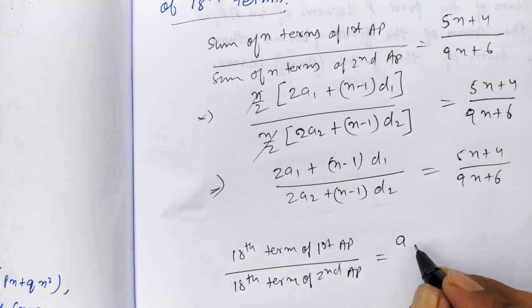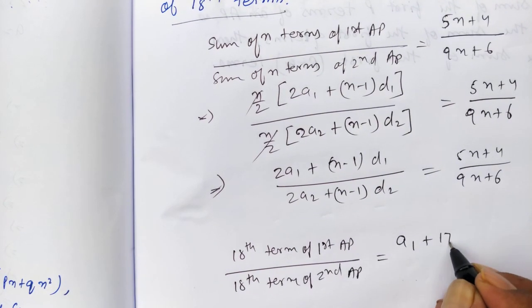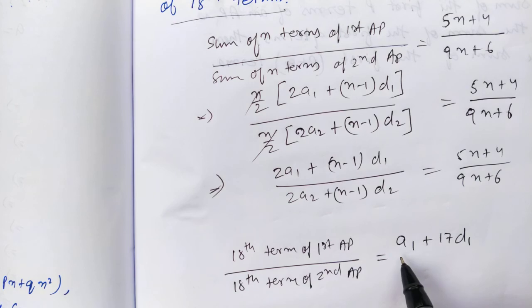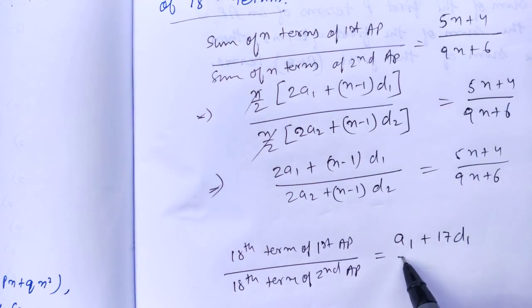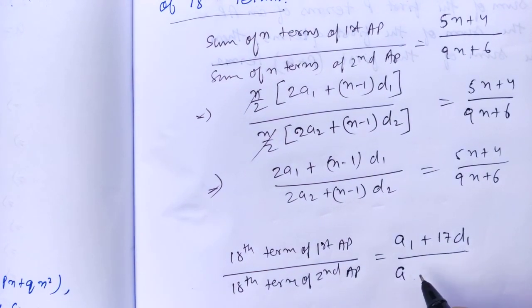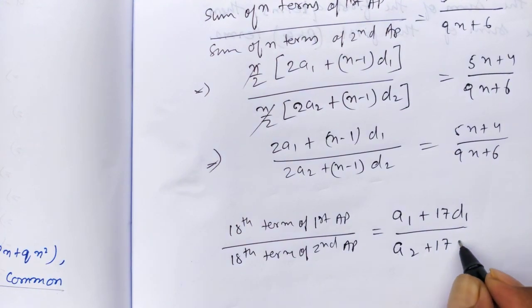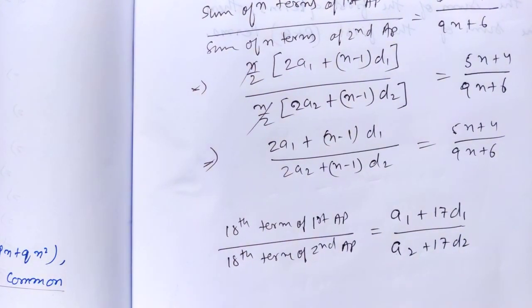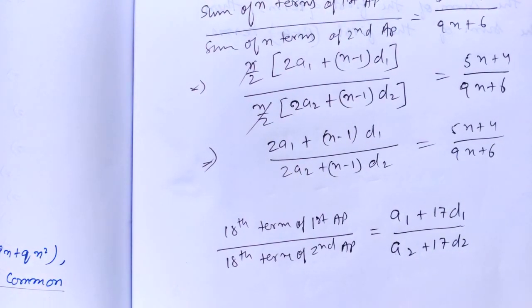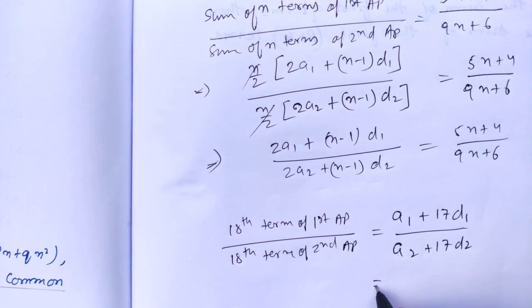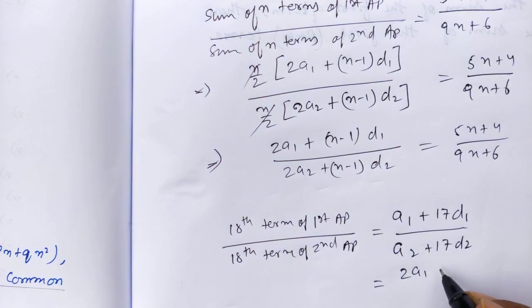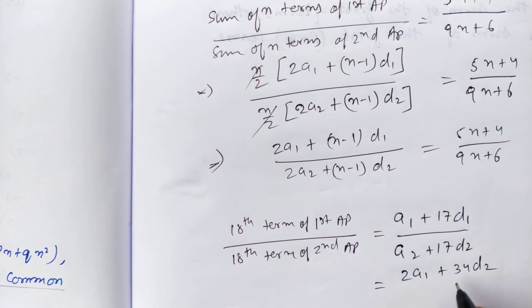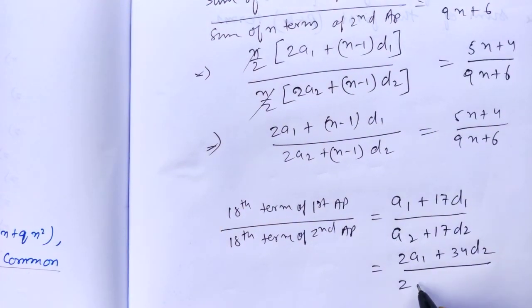The formula is A plus 17D, for the first AP we're using A1 and common difference D1, so for the second AP it will be A2 plus 17 D2. If I multiply both sides by 2, up and down also, it will be 34 D1. Here also 2A2 plus 34 D2.